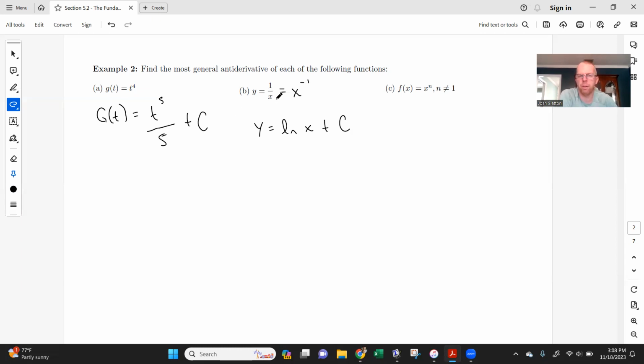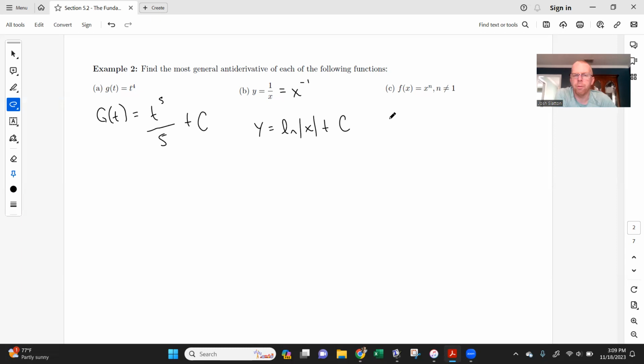The domain of this function is all real numbers except 0. What's the domain of this one? The domain of an ln, a logarithm function, is all positive numbers. So x cannot be negative. So whenever you need to make sure x is not negative, we're just going to put the absolute value there. So the antiderivative of 1 over x is just ln absolute value of x and then plus constant.